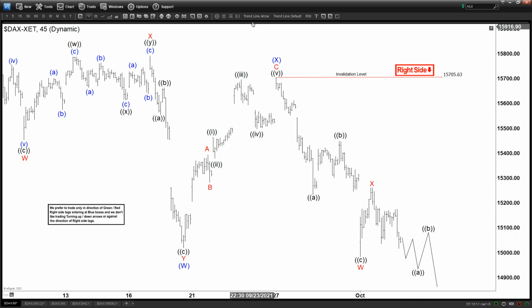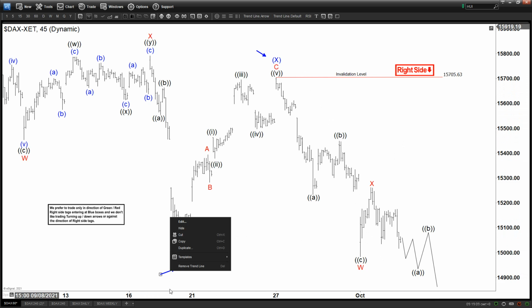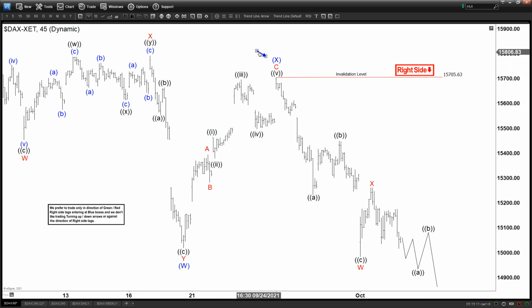Now we have W here in the intermediate degree, and then we ended the X over here as an ABC zigzag, and now we have started the Y leg on the downside, and the Y leg is now in progress as another WXY in the lower degree, in the lesser degree, right?